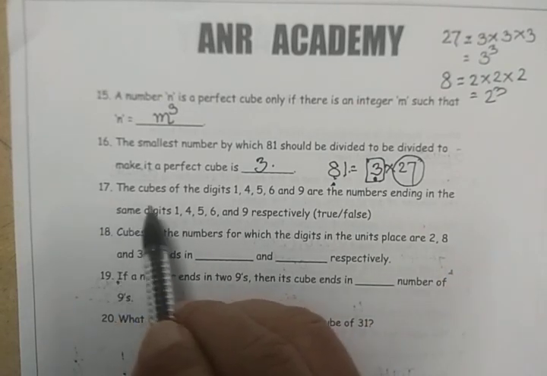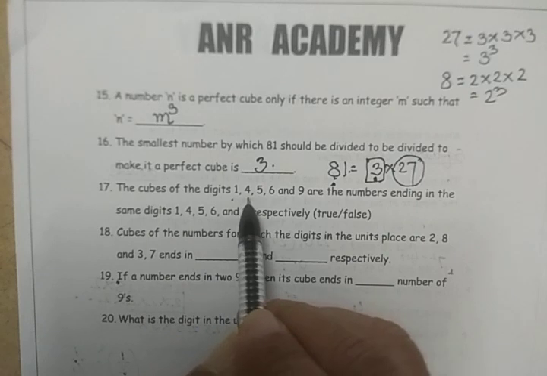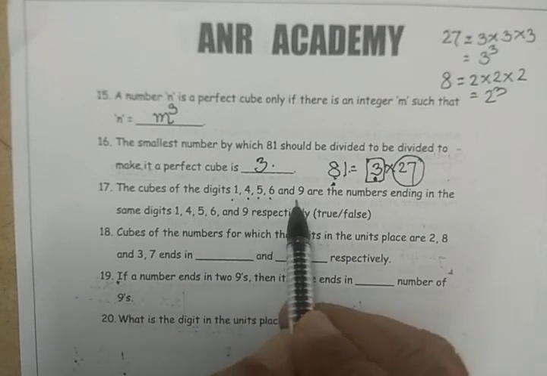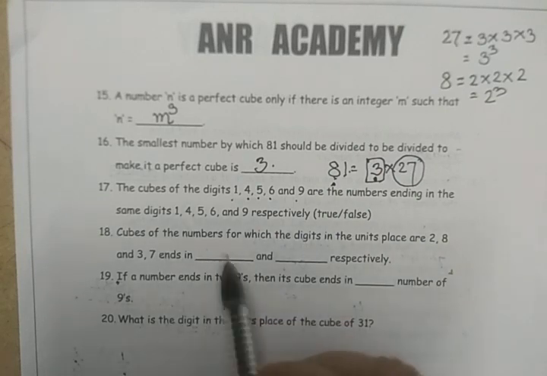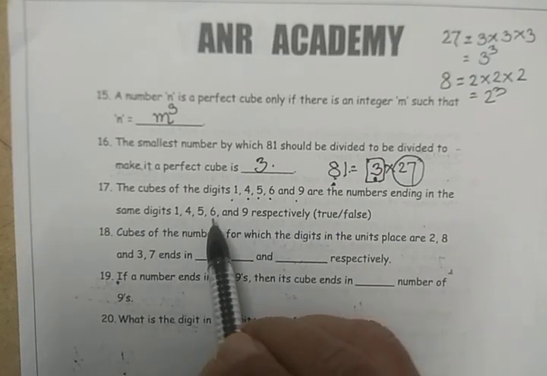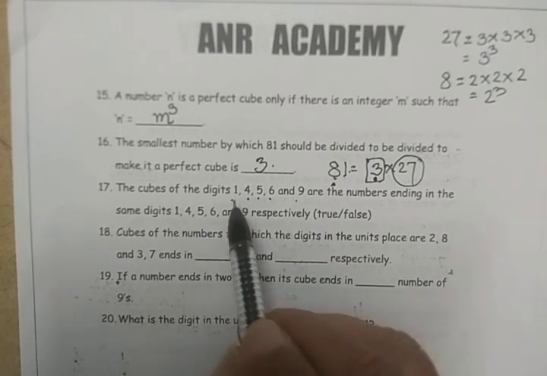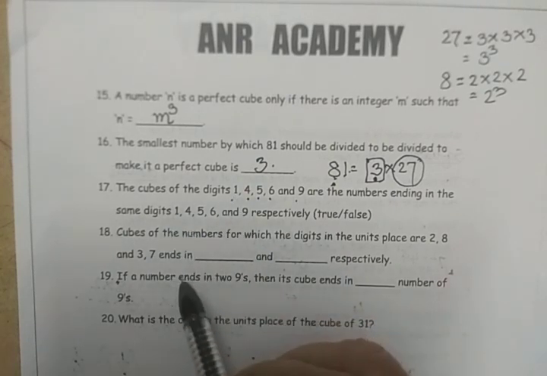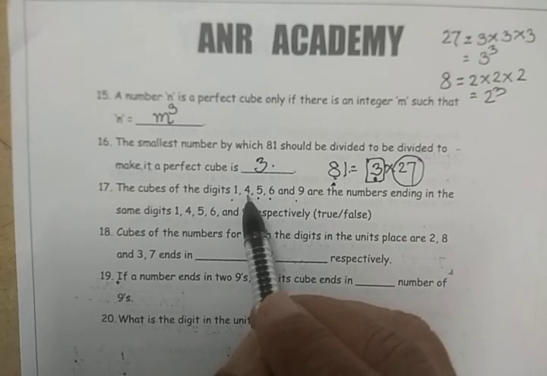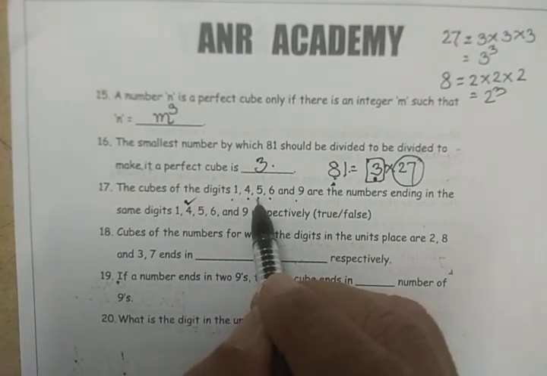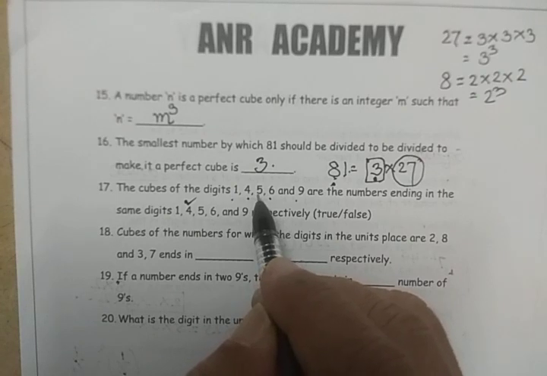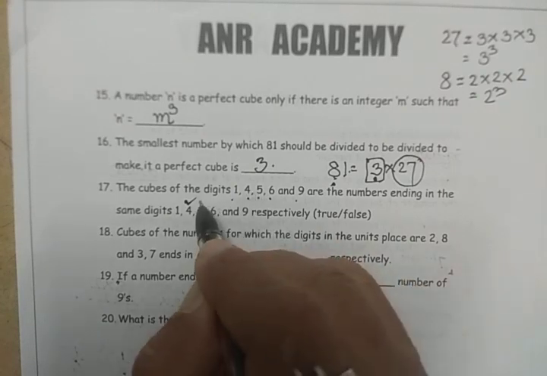Next, the cubes of the digits 1, 4, 5, 6, 9 end in the same digits 1, 4, 5, 6 and 9. Let us check. The cube of 1 is 1. What is the cube of 4? 4 into 4 is 16, 16 into 4 is 64, ends with 4. What is 5 cube? 125, ends with 5.